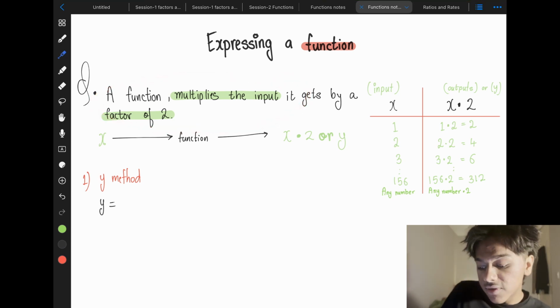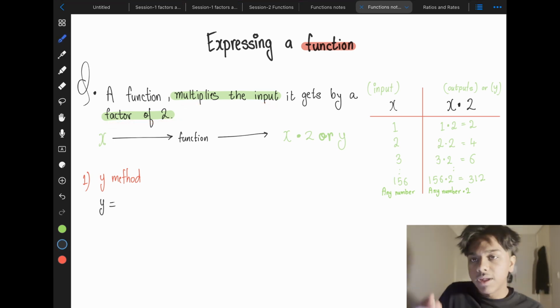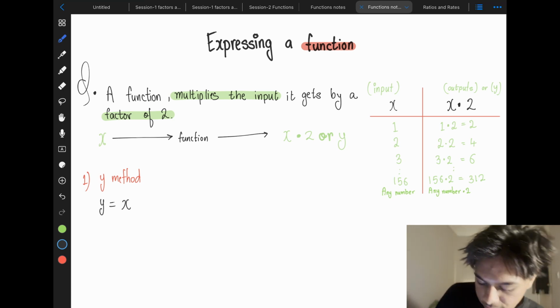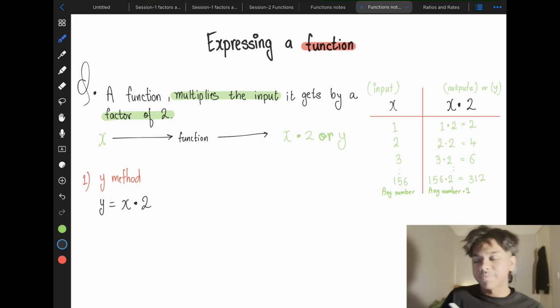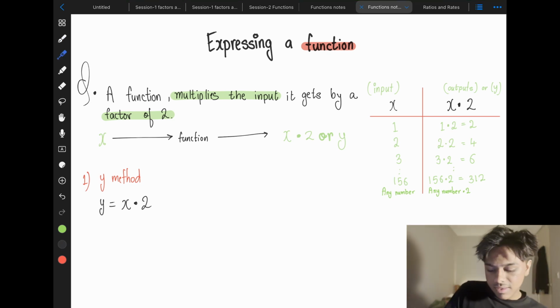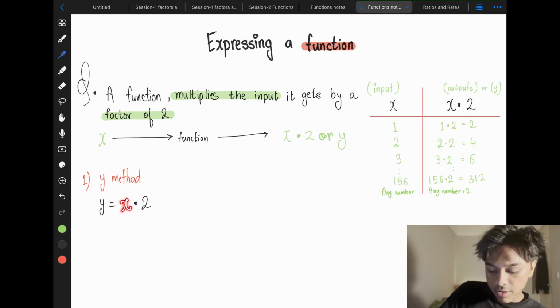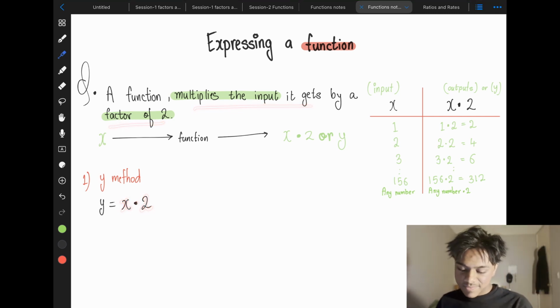I know that this function is multiplying the input by a factor of 2. Therefore, this function will be multiplying the input, which is my x, by a factor of 2. So times 2. And that's how I express the function by using the y method. My output here, which is y, is equal to my input times 2, as represented in the question. And that's my first way to express a function.